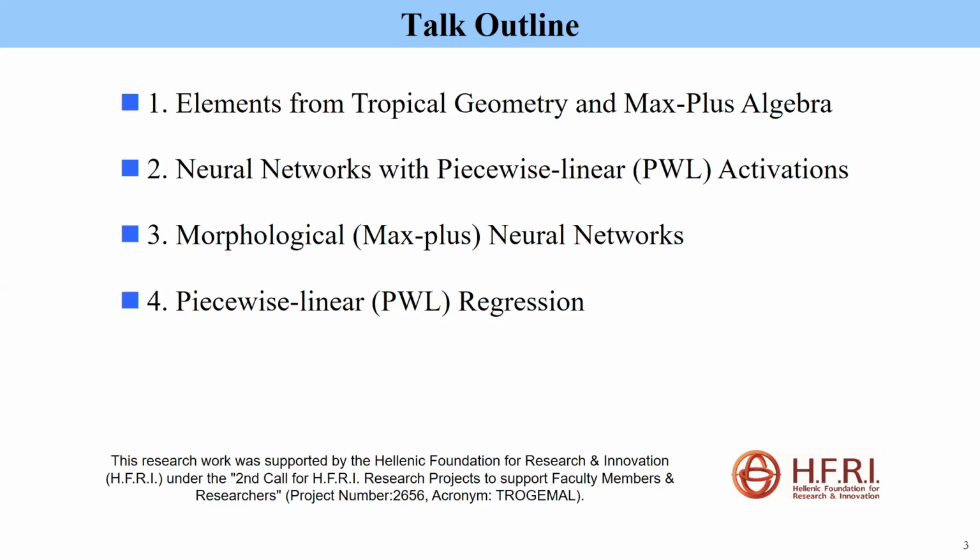Then I will use that for the main part of the talk, which is, as I said before, understanding, analyzing, and sometimes designing neural networks of three kinds, or machine learning systems of three kinds: neural networks with piecewise linear activations, neural networks whose activations are nonlinear, like the max plus formulation for mathematical morphology, and piecewise linear regression, and some applications to neural network compression.